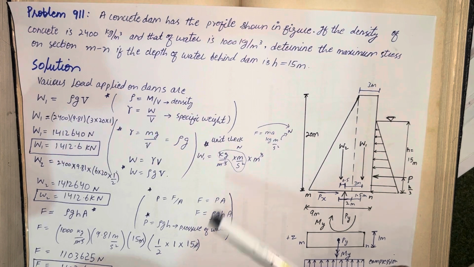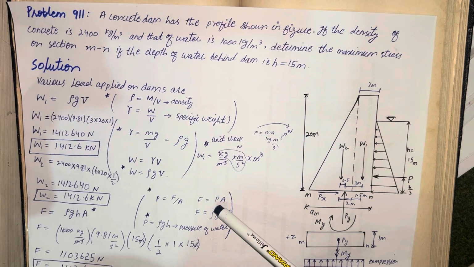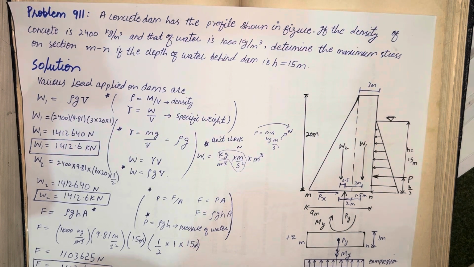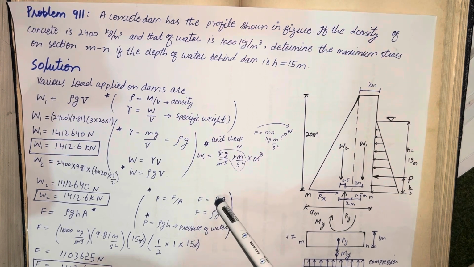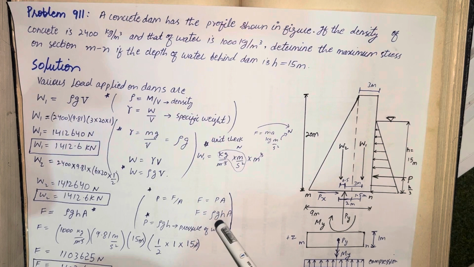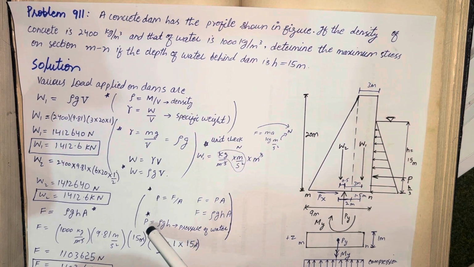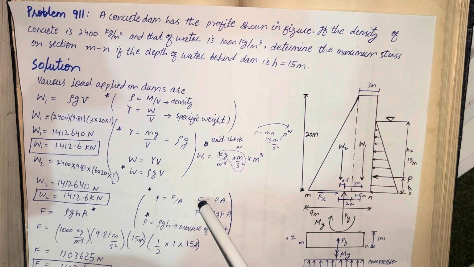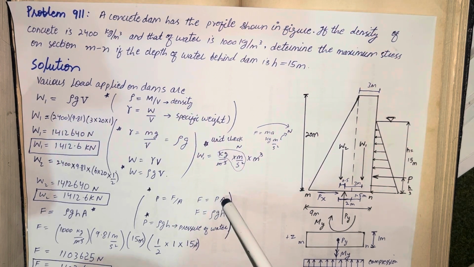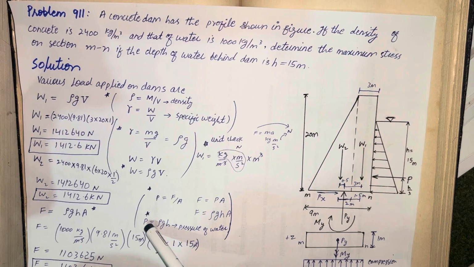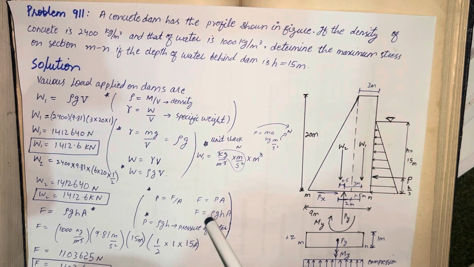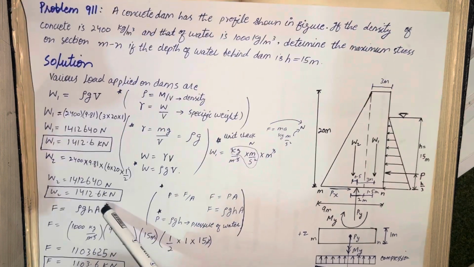Here the pressure exerted by water on the concrete dam, the pressure of the water, is rho g h. So instead of P we wrote this value, so F will be rho g h A. The pressure of the water is equal to rho g h, and we also know that F is equal to P into A. So put this value of P here, so F will be equal to rho g h A, which is this equation.